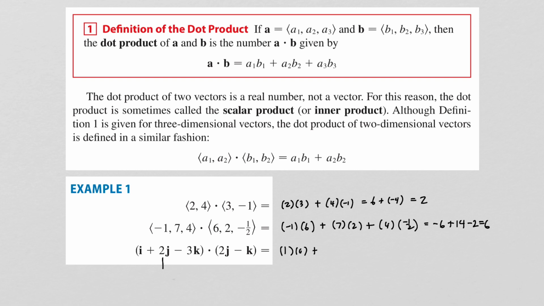Plus, then we take the second component here multiplied with the second component, so that's 2 times 2. And finally, the third component multiplied by the third component, which is negative 3 times negative 1. And if you do the math here, you get 4 plus 3, which is equal to 7. So the dot product is a very simple product to compute, and it turns out to be very useful as well.